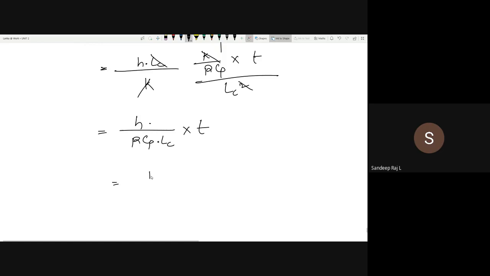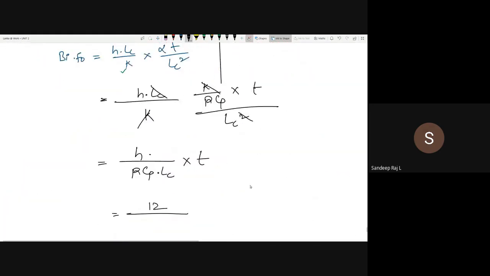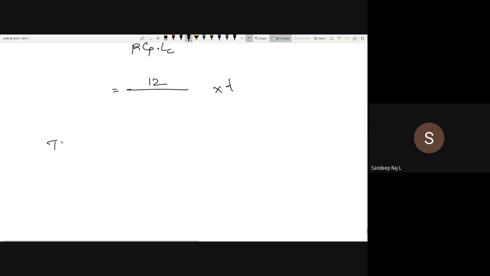That is equal to 12 by, what is the density given, and everything you can substitute, you will get something into t. Then (T minus T infinity) by (T naught minus T infinity) is equal to e power minus Biot into Fourier. In this expression the only unknown will be t, and you can calculate it for yourself.